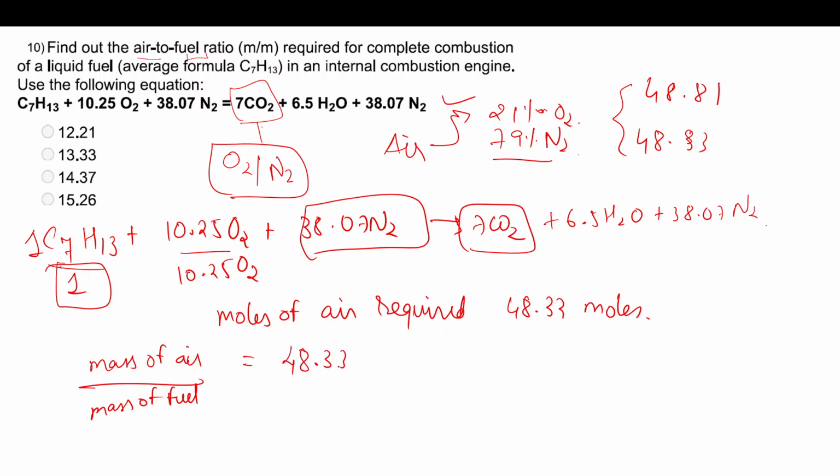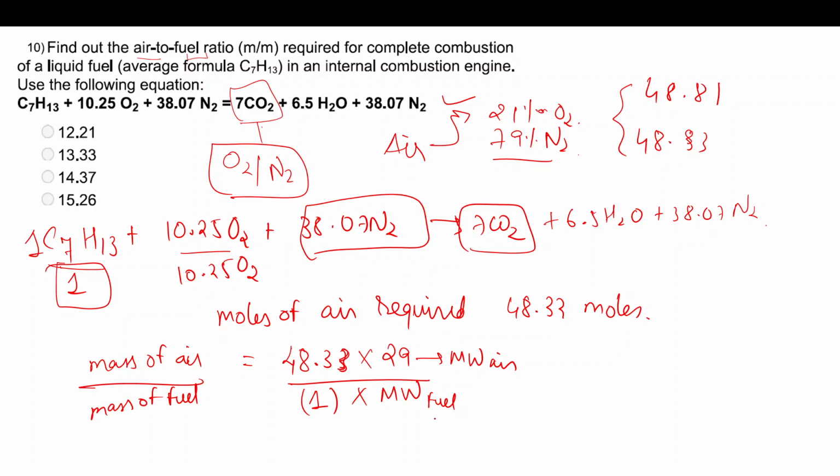So 48.33 you are given, and the molecular weight of air is approximately 29. Moles of fuel is 1, and you need to multiply with the molecular weight of fuel.